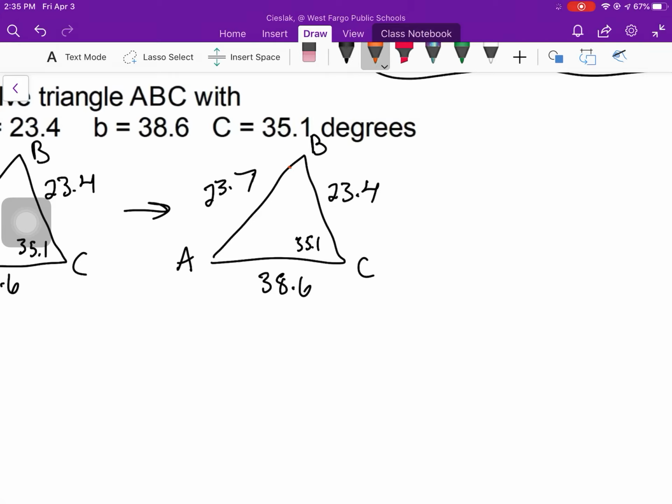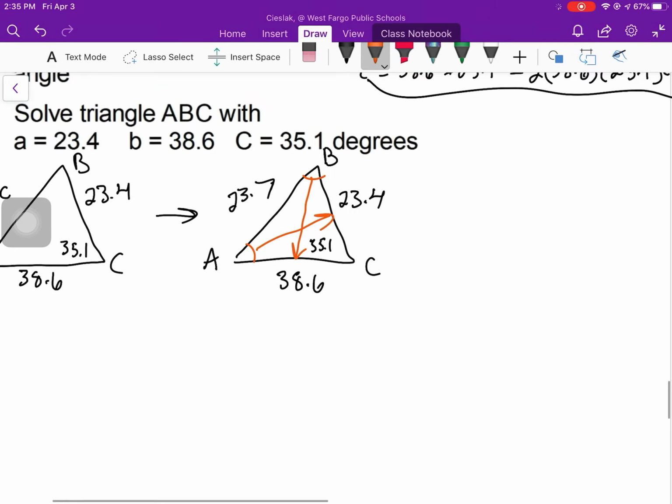I'm going to do this wrong, and I'm going to find the bigger angle first. If I look at my two remaining angles, the bigger angle is B because it's opposite the bigger side. So again, this is wrong. You would want to find angle A if you use law of sines now. I'm going to use law of sines and find angle B, and we're going to talk about why that messes everything up.